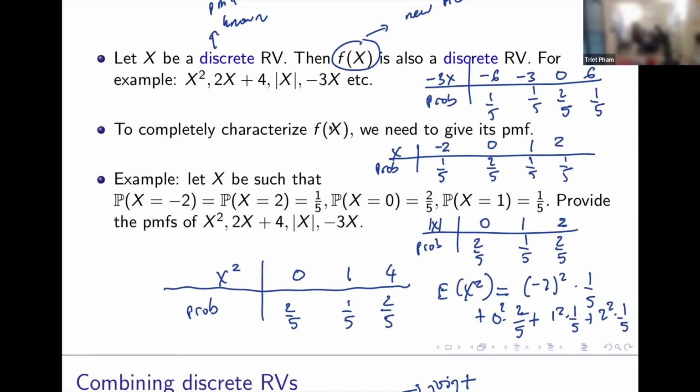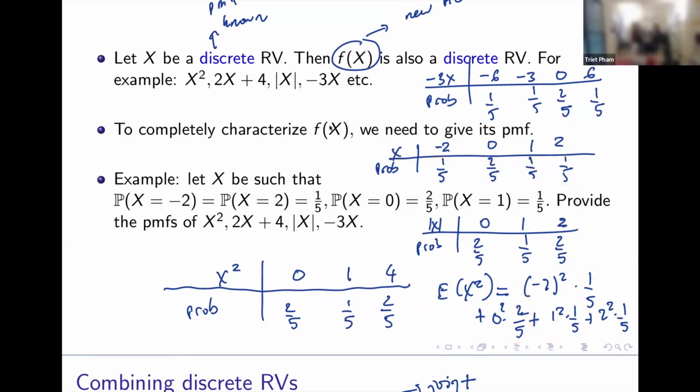Whatever that is. Meaning that you take the values of x, you square them, and then you multiply by the probabilities of x taking on those values. That's what the law of the unconscious statistician would say.